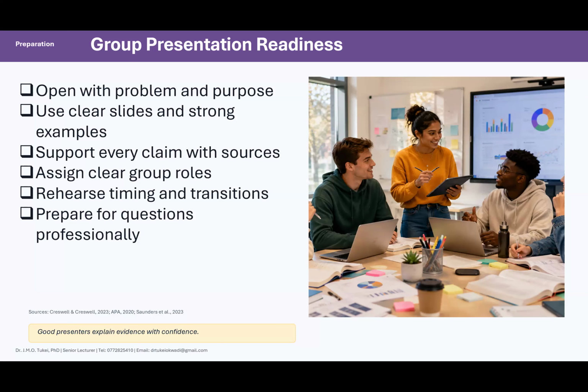Begin by identifying the command words: define, explain, compare, analyze, evaluate, and design. Structure the answers accordingly. Define the key concept briefly, apply it to the scenario, support the reasoning, and end with a clear conclusion.